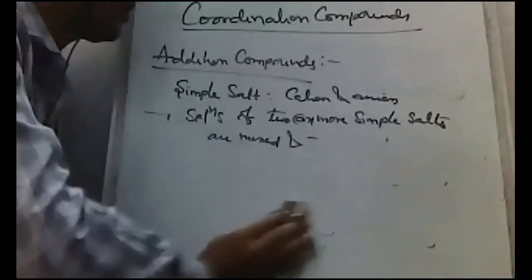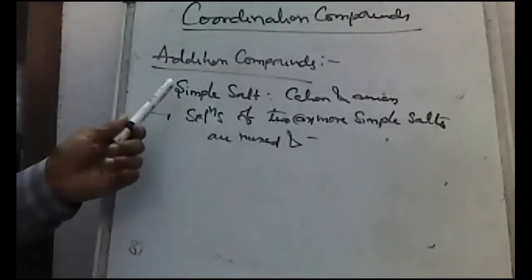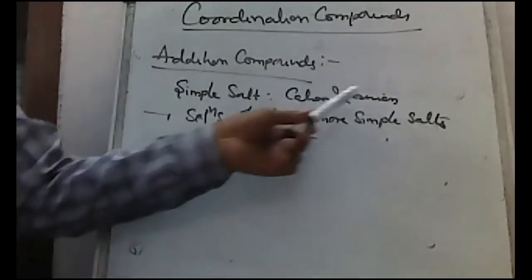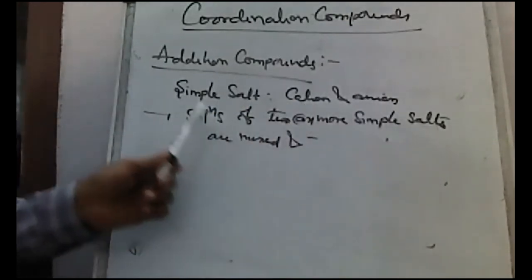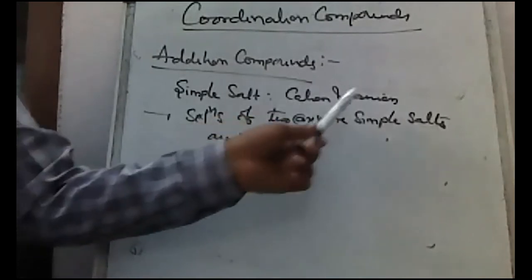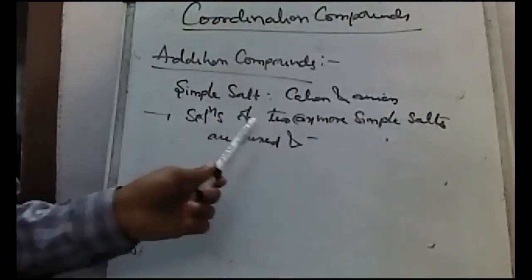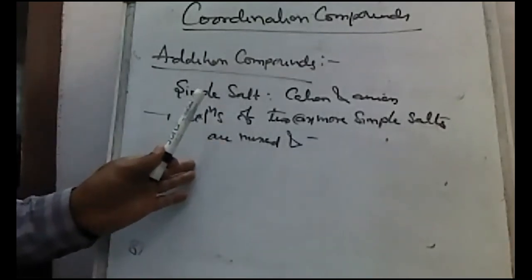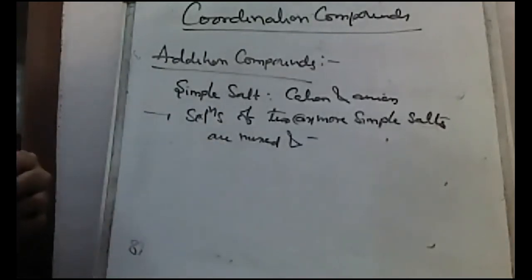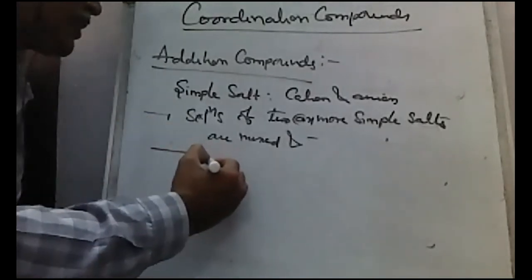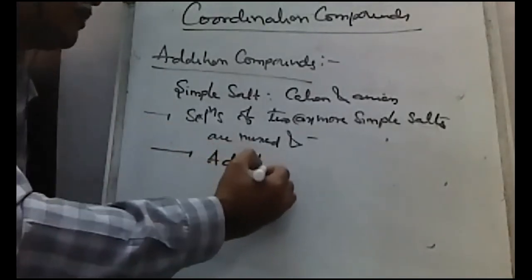What is an addition compound? When solutions of two or more simple stable salts are mixed and allowed to evaporate, the resultant crystals of new compounds are called addition compounds.